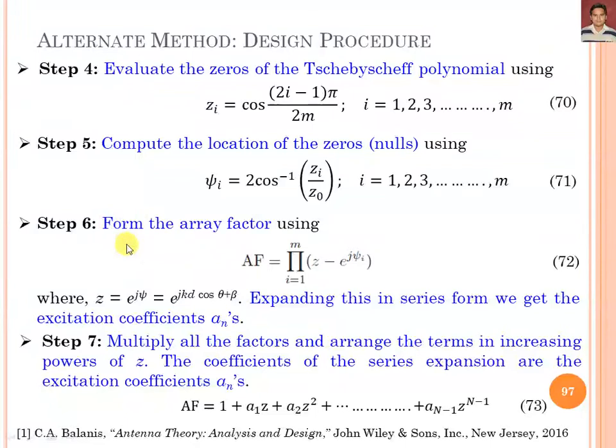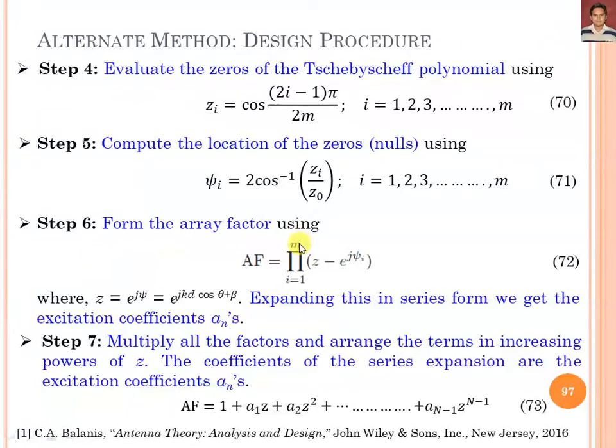And then finally we can form the array factor using this. The array factor is equal to the product, this is the multiplication operator, for i equal to 1 to m of (z minus e to the power j psi i). So we take the psi of i value from this, and this is the multiplication operator for different values of i equal to 1, 2, 3 and so on.